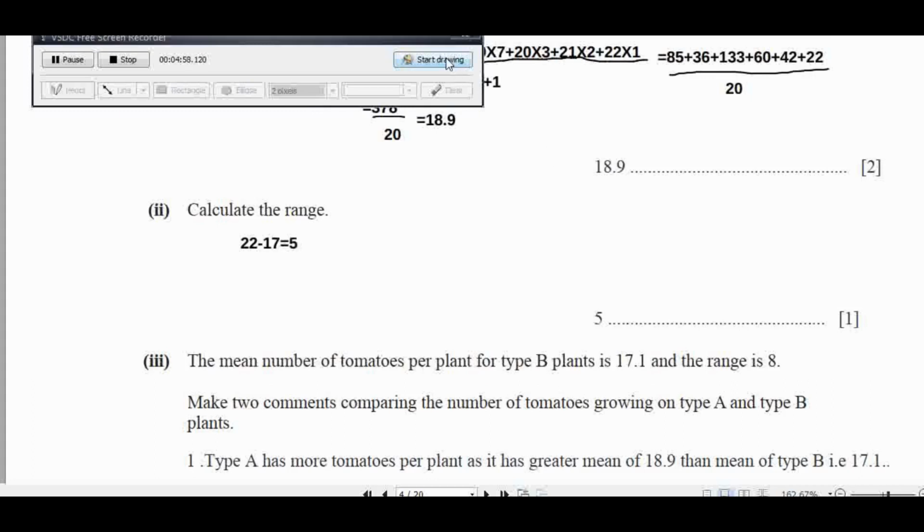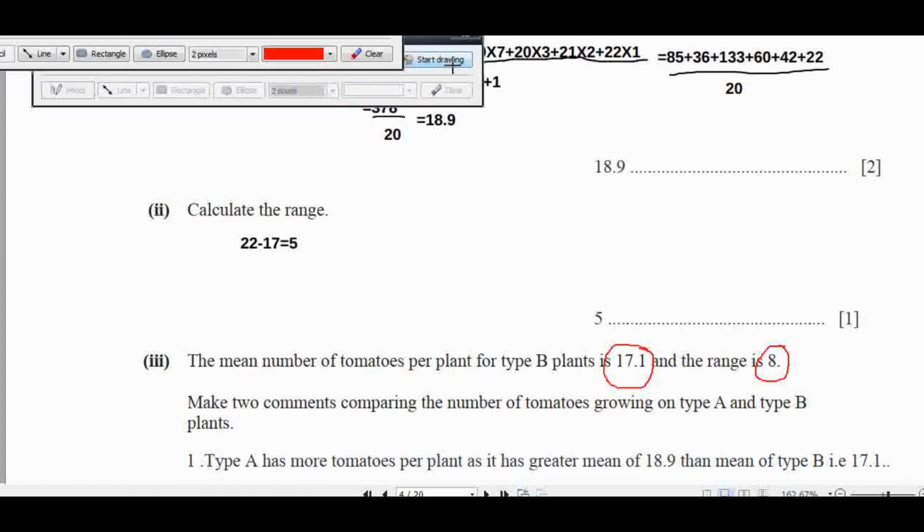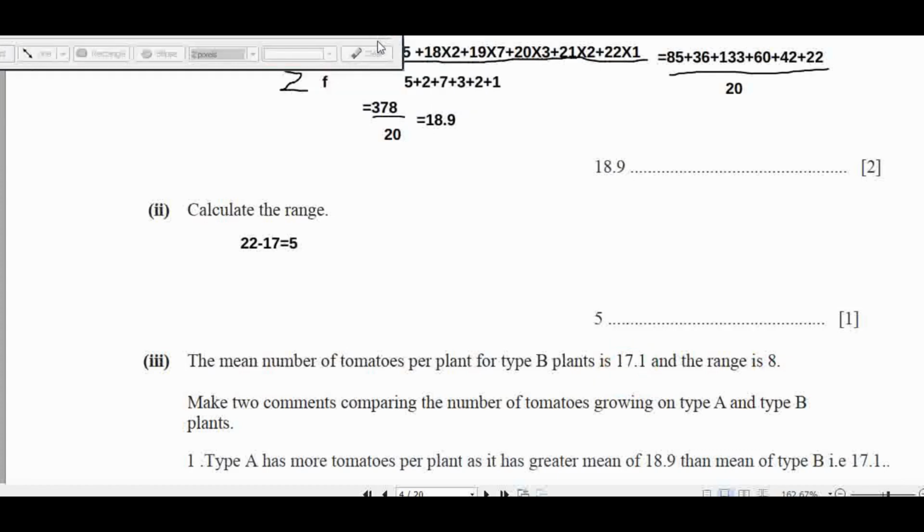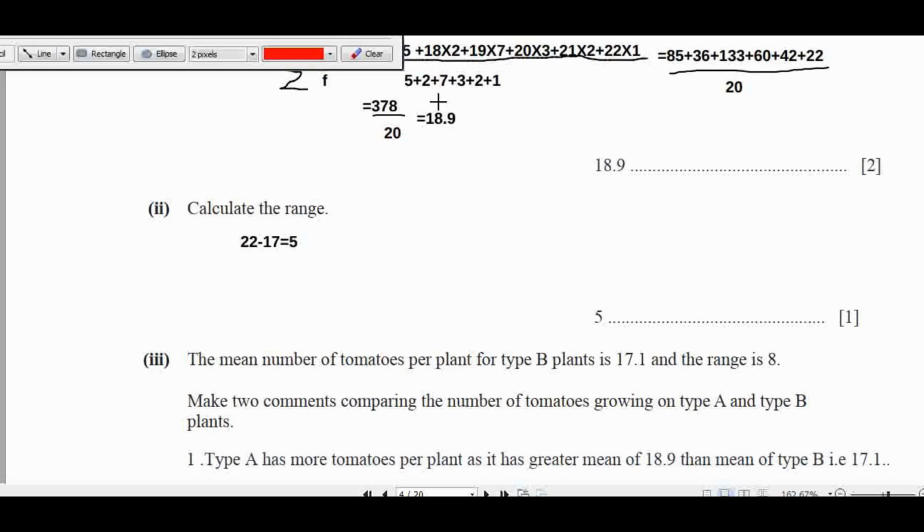Now next, the mean number of tomatoes per plant for type B is 17.1. Mean for type B is 17.1 and range is 8. So make two comments comparing the number of tomatoes growing on type A and type B plants. The mean for type A was 18.9 and mean for type B is 17.1.